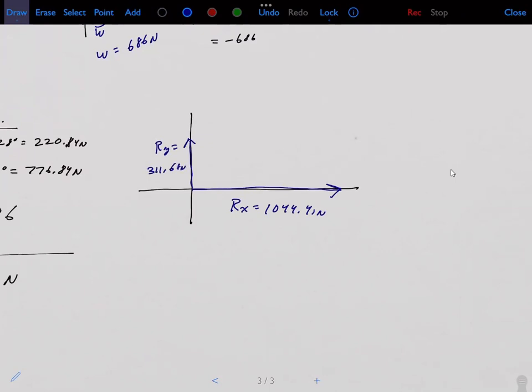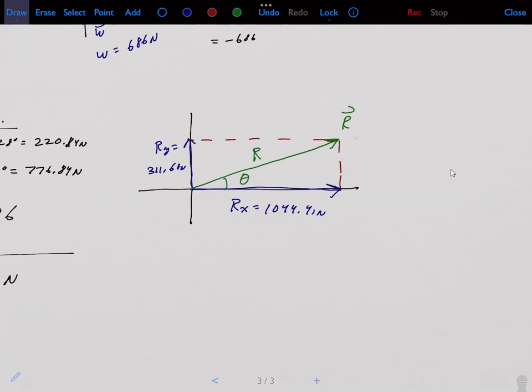So that means that vector R itself must be in that first quadrant. And we want to find the magnitude of R, and we want to find this angle theta.